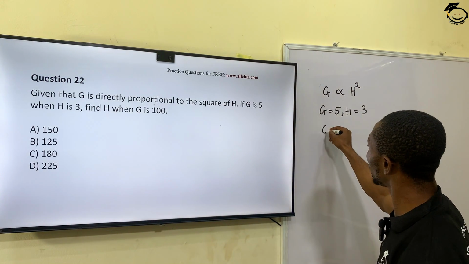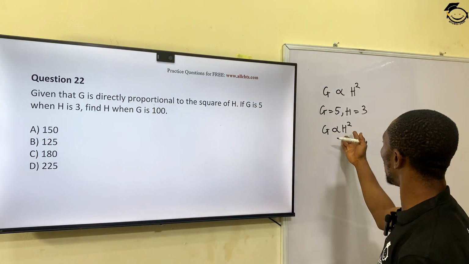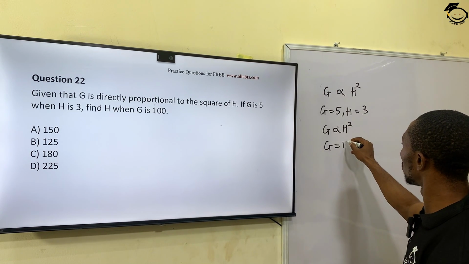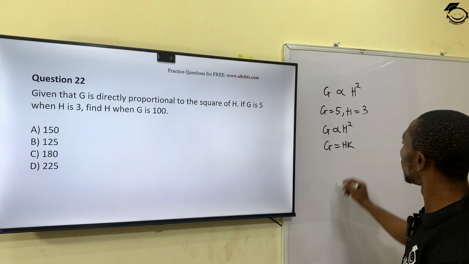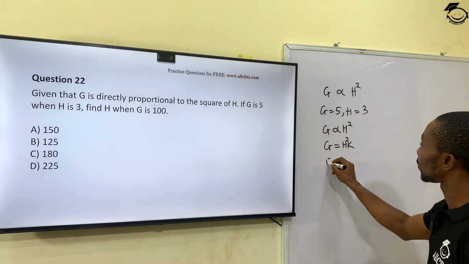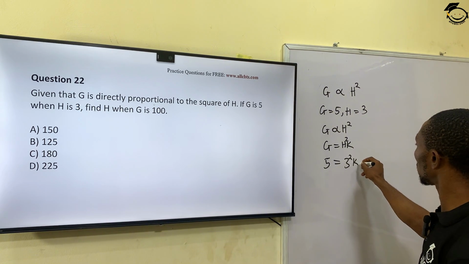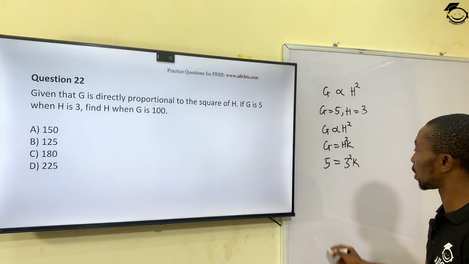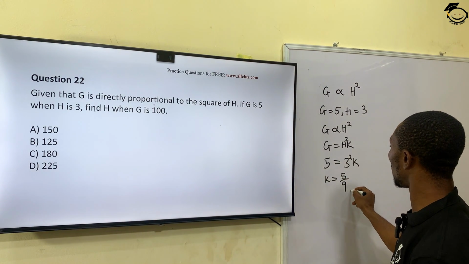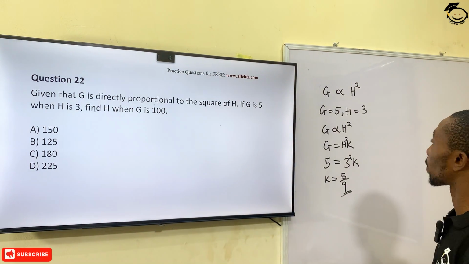We have G is directly proportional to H squared, and including our constant of proportionality, this becomes G equals H squared K. Now, our G is 5. That means 5 equals 3 squared K. Now, 3 squared is 9. So this becomes K equals 5 over 9. That's the value of our K, which acts as our constant of proportionality.